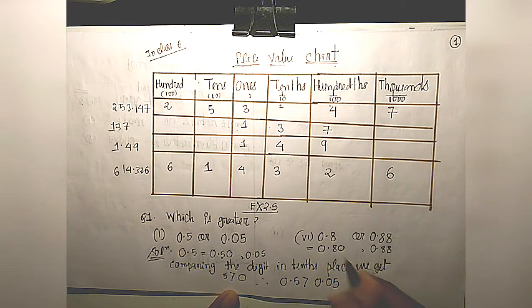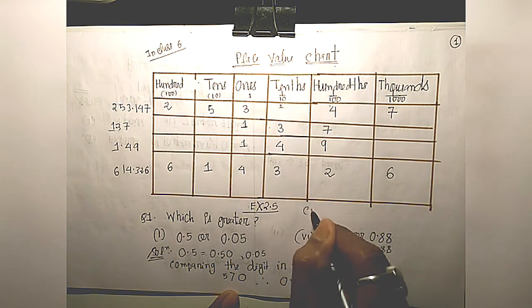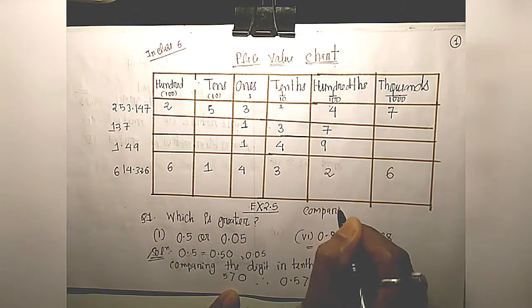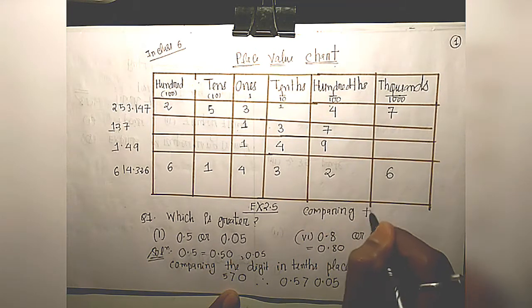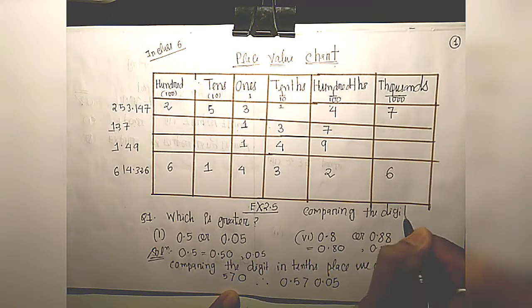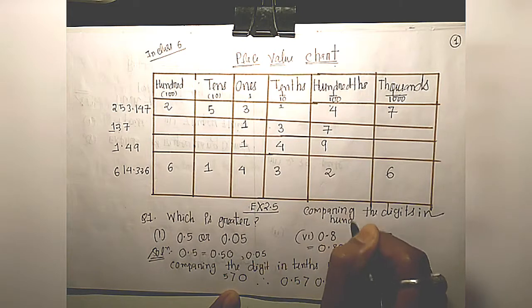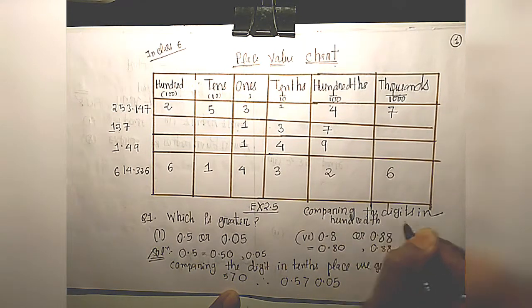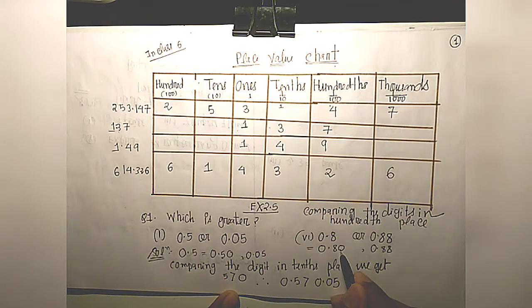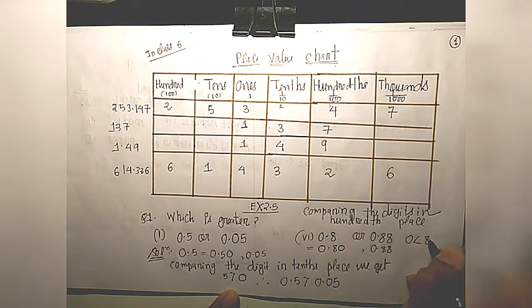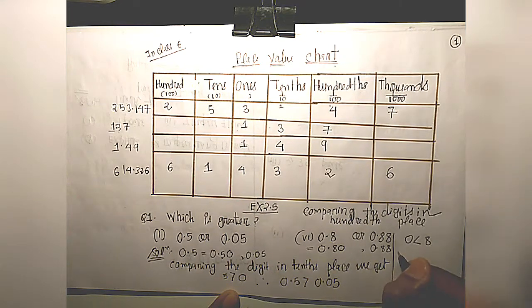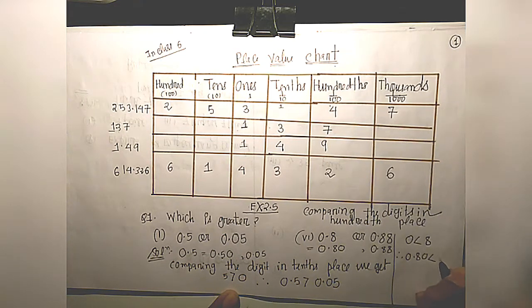In 0.80, the hundredths place digit is 0, which is less than 8, because 8 is the digit in the hundredths place in 0.88.